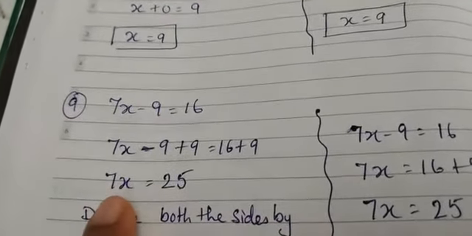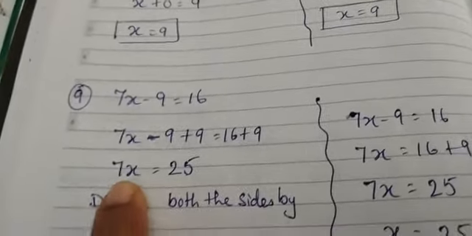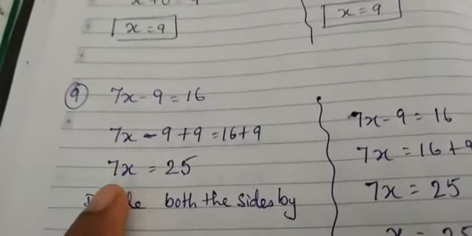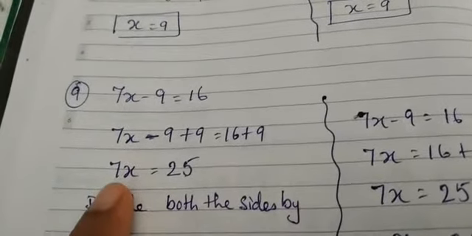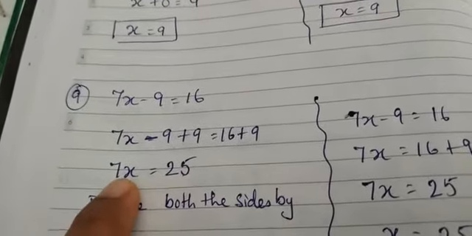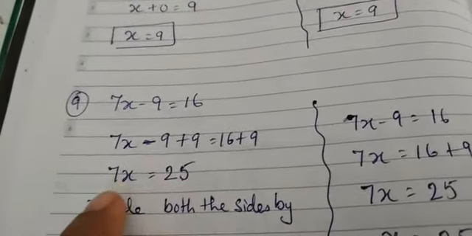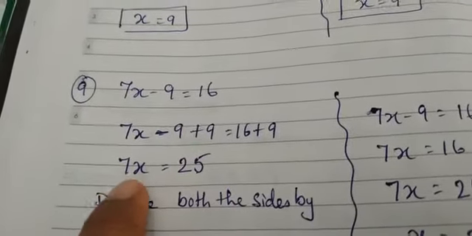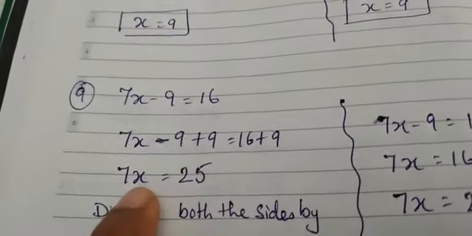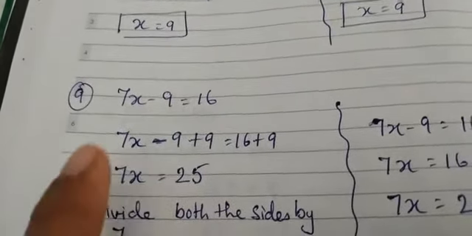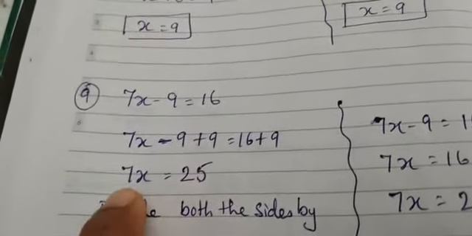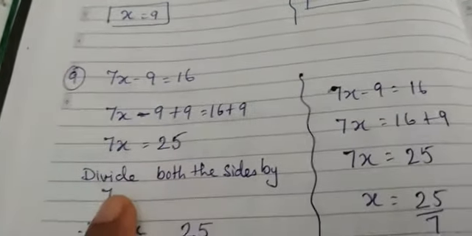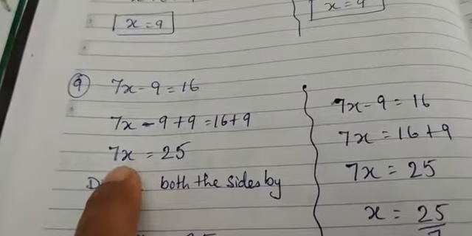Now what is multiplied to x? 7 is multiplied. So you are going to do the opposite. We are going to divide both sides by what? By 7, because we need to remove 7. To keep x alone we have to remove 7 which is multiplied to it. So we will divide this by 7.